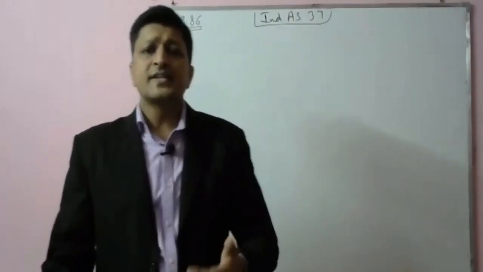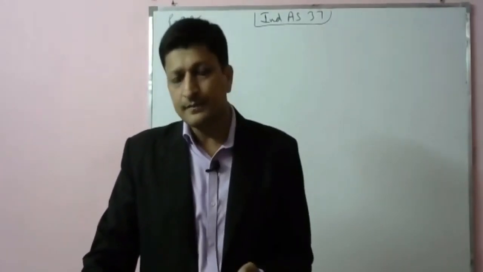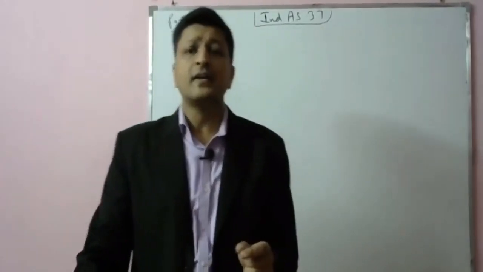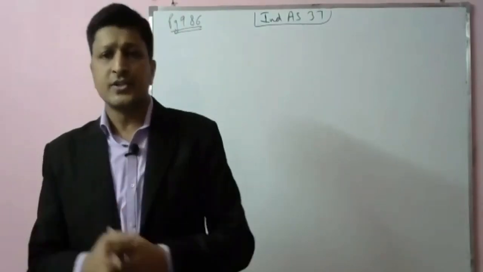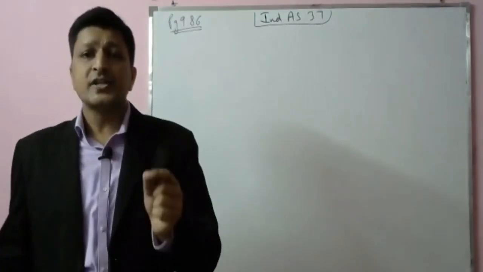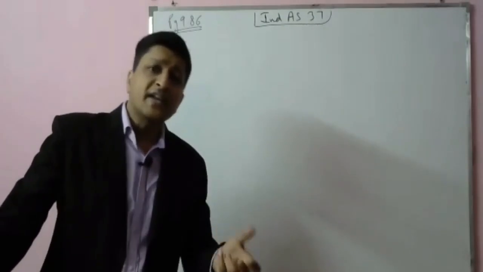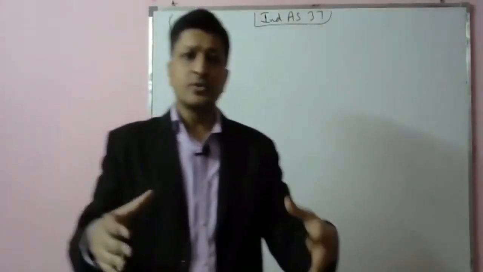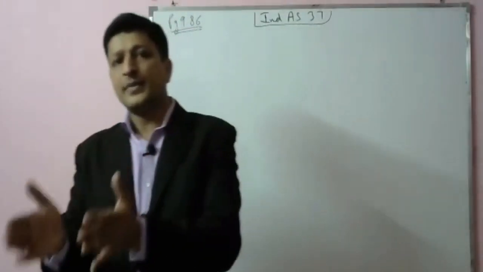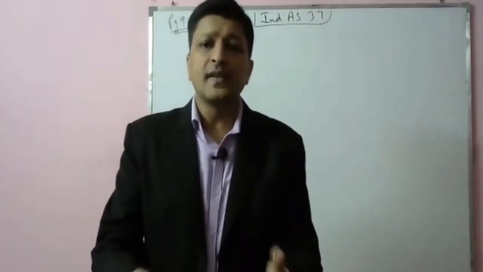Now, what is an executory contract? As the terminology also suggests, it's a contract which is executory in nature. Means wherein two conditions have to be fulfilled. First, there will be two parties to the contract, party A and party B. Both of them have not fulfilled their obligation.